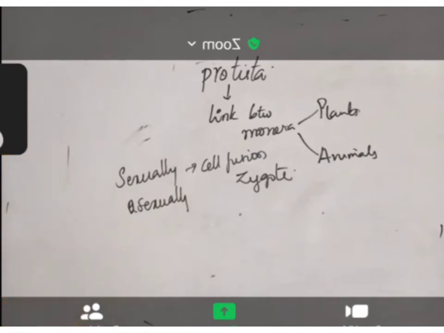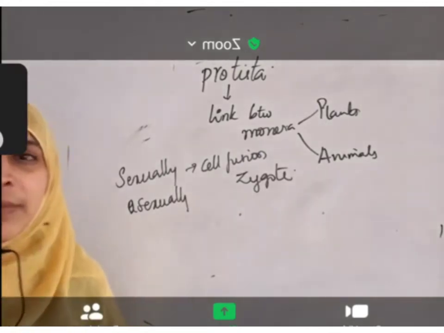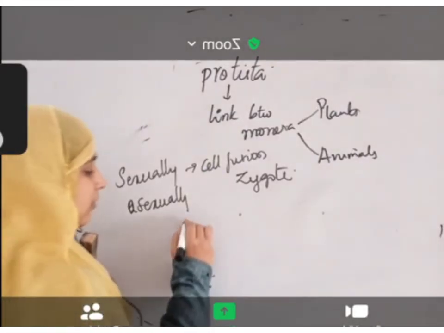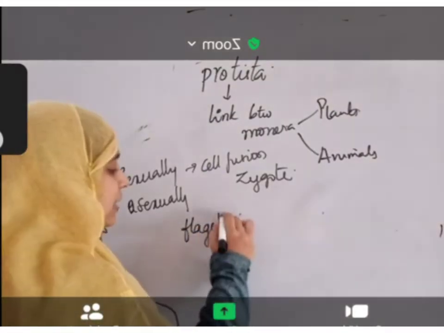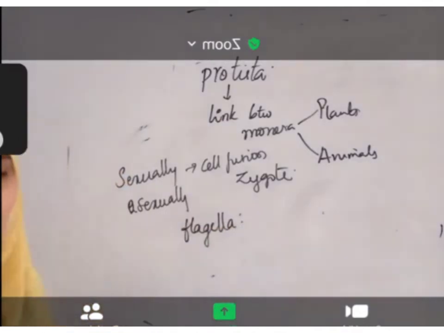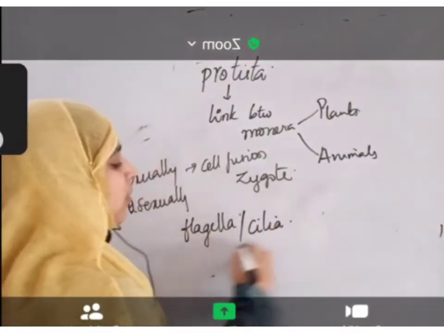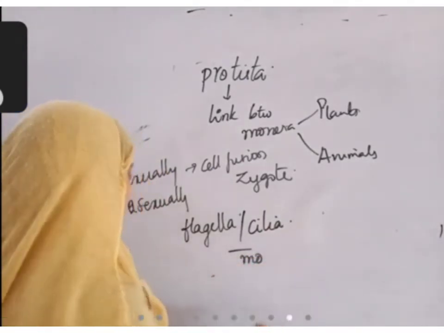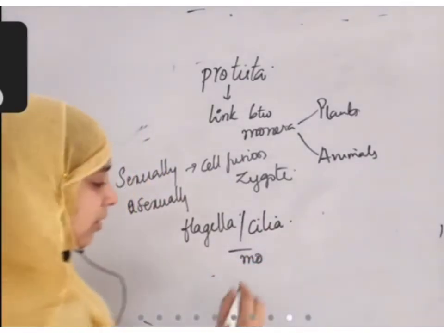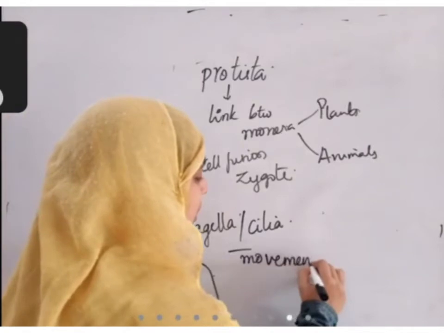And most of them have flagella. Either they have flagella or they have cilia for movement, right?